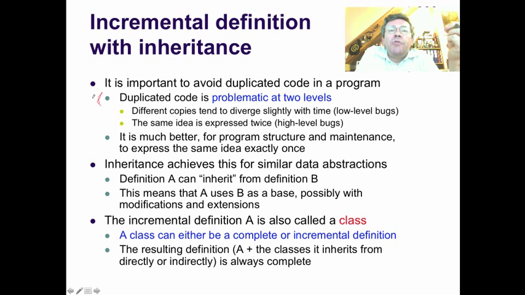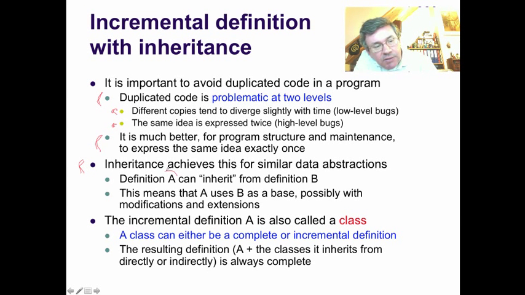This is introducing low-level bugs. That's the first point. The second point is a high-level point. They may be expressing the same or similar ideas. Well, why should I express the same idea twice in a program? It would be much better to represent it exactly once. So that's the point. And inheritance can achieve this for similar abstractions.